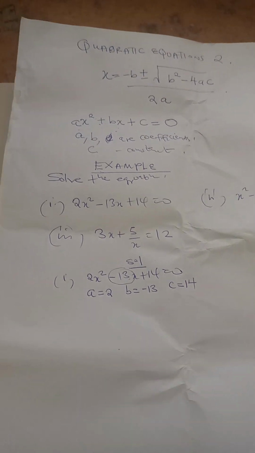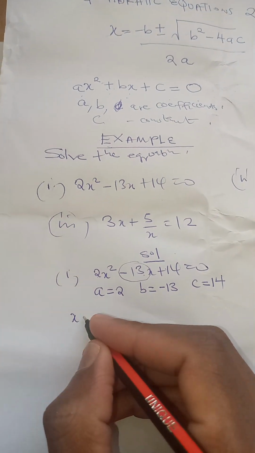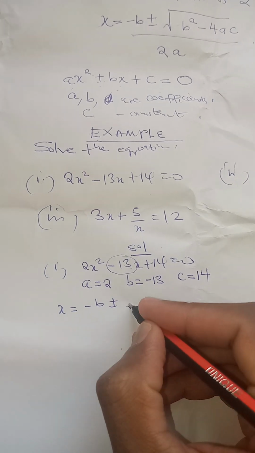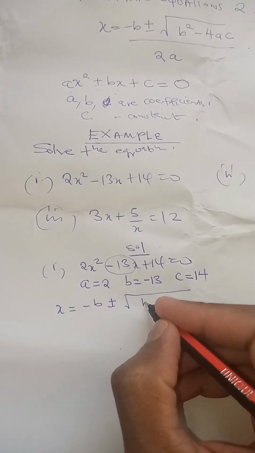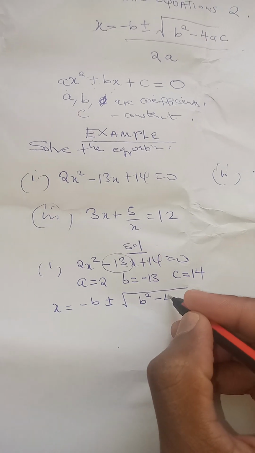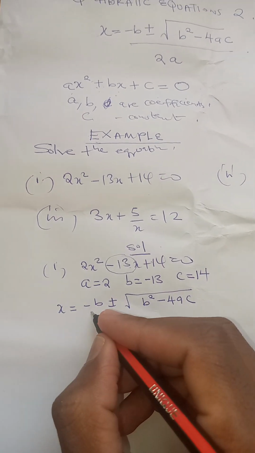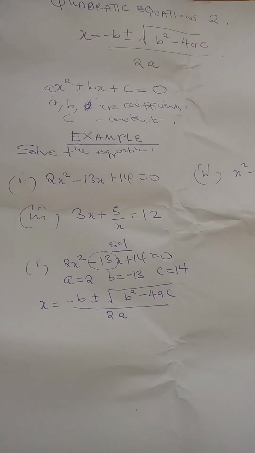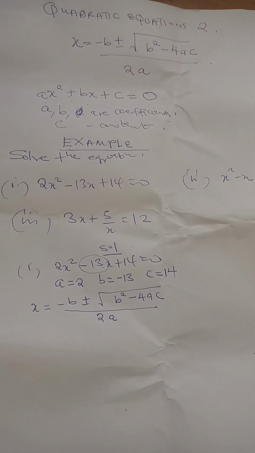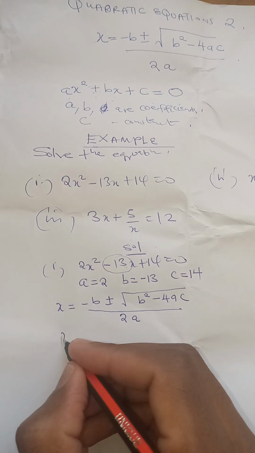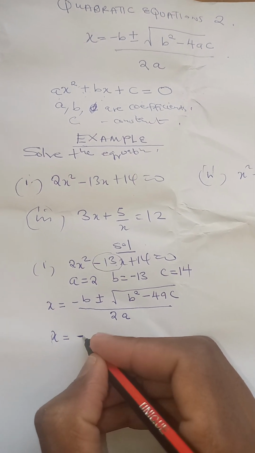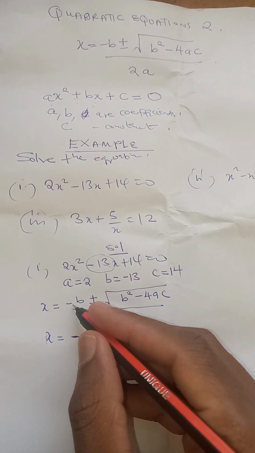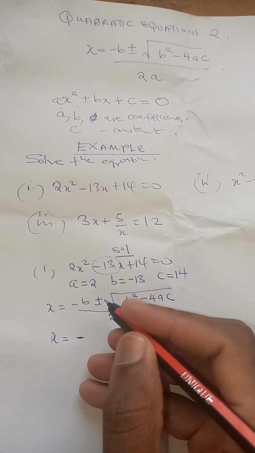So let's now use the formula. So we'll say x is equals to negative b plus or minus the square root of b squared minus 4ac over 2a. So let's now just substitute. There's nothing hard, you just substitute. So we say x is, we say negative, this negative is in the formula, so don't make a mistake, because you see that it's negative 13, just come and put negative 13.